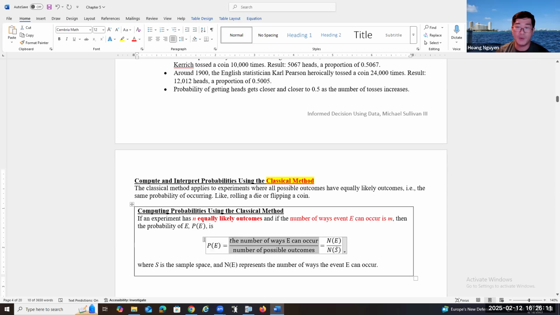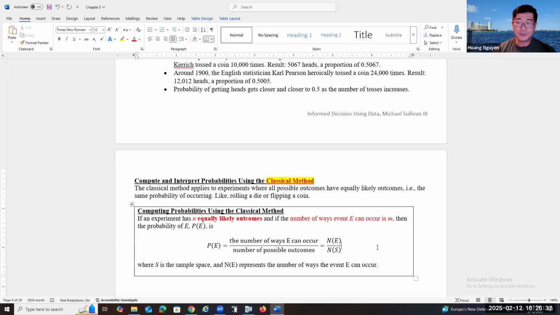That's how we calculate the probability of event E using the classical approach. We use the letter S for the sample space, so P(E) equals N(E), the number of ways event E can occur, divided by N(S), the number of possible outcomes in the sample space. This is the classical method, and we are assuming that all of the possible outcomes are equally likely.